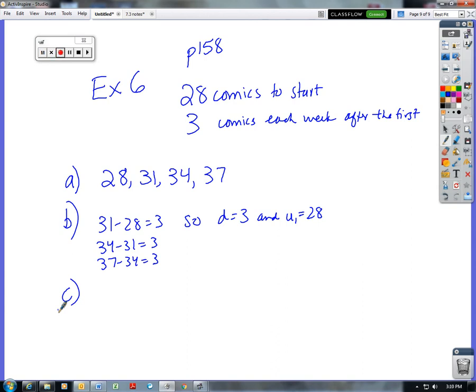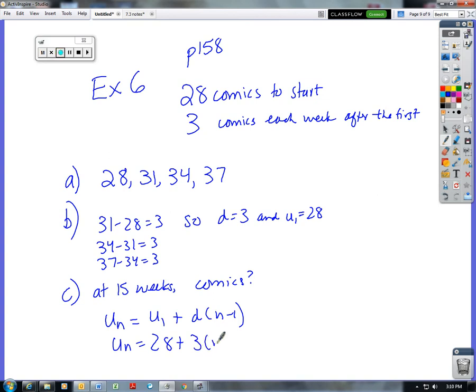Okay, letter C. Find the number of comic strips sent after 15 weeks. So at 15 weeks, how many comics? Basically you need to know, where does the 15 go? Well, for one thing, I don't have my u sub n yet. I think I'll make that. u sub n, remember, is u sub 1 plus d times n minus 1. u sub n equals, now this is easy because I know u sub 1 is 28 and I know d is 3. I have my formula. Now, at 15 weeks, which variable is that?